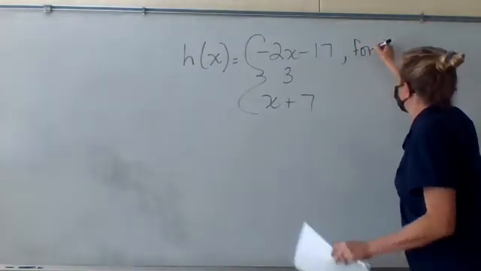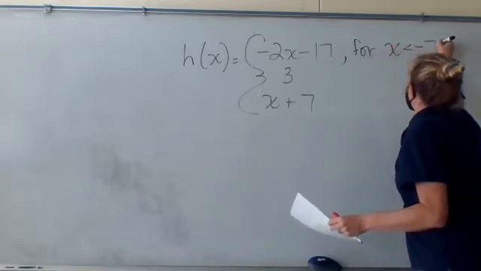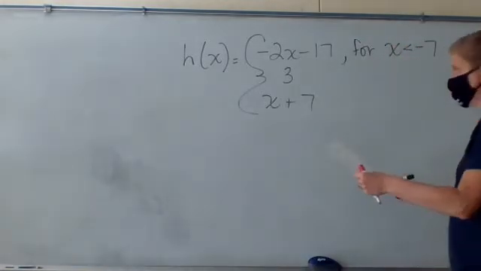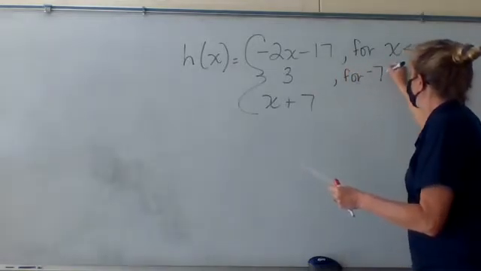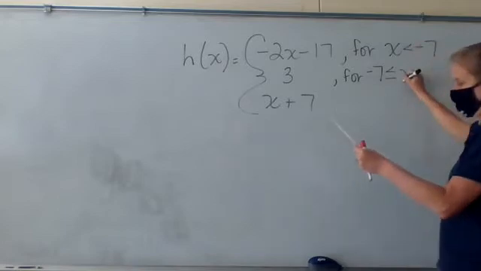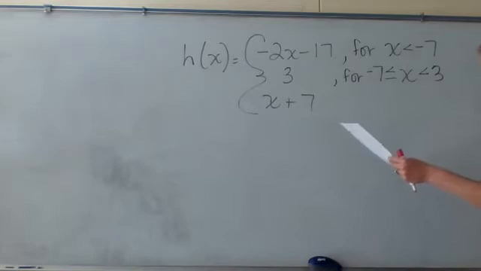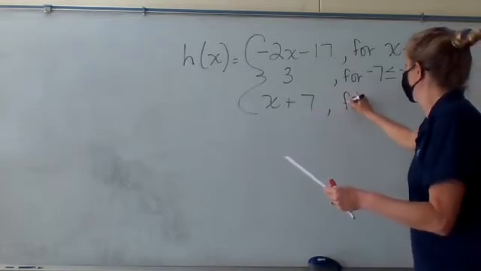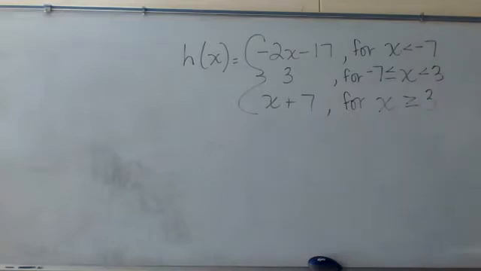The first piece is for when x is less than negative 7. This next piece is for when -7 is less than or equal to x, which is less than 3. And the last piece is for when x is greater than or equal to 3.